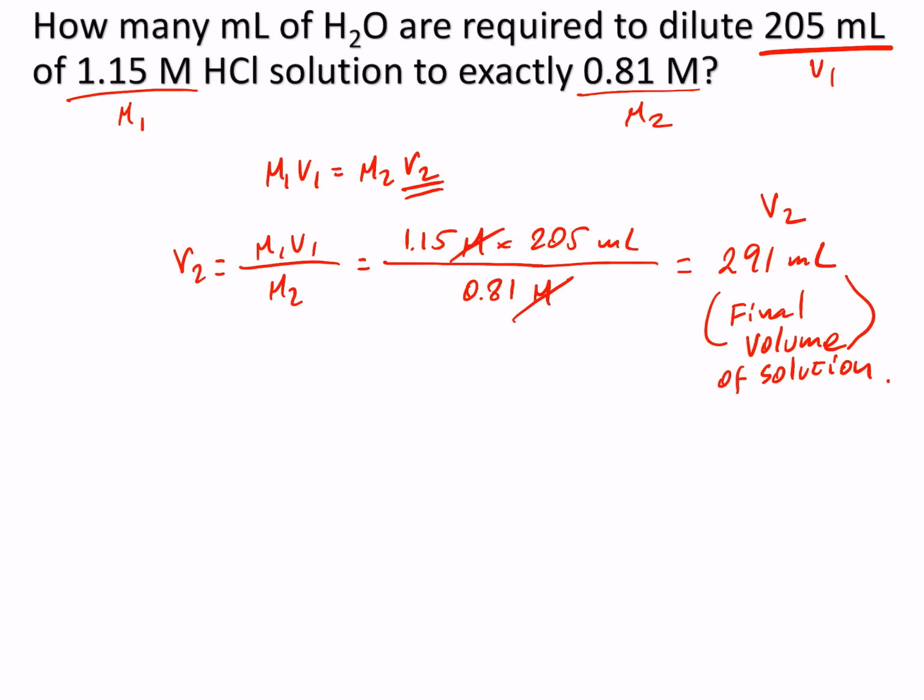Okay, but that is not the question. The question is not asking for the final volume of the solution. The question is asking, how much water you have to add to the initial solution so that you obtain that final solution. So water is the difference in volume, basically.